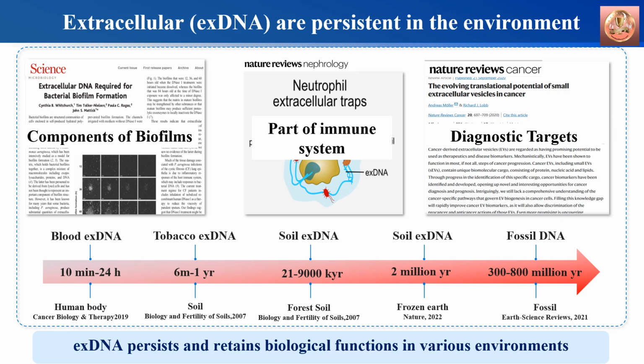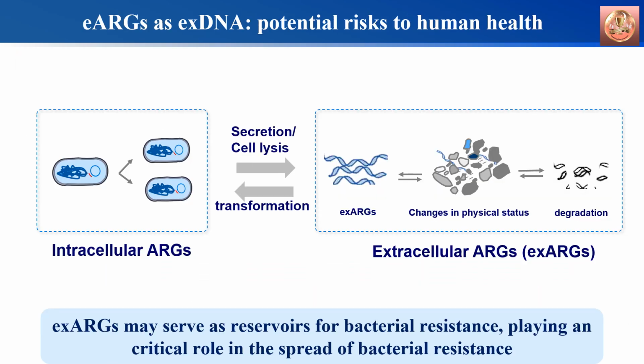For example, extracellular DNA in blood can last for 10 minutes to 24 hours, while fossil DNA can persist for 300 to 800 million years. So they persist in the environment and retain biological functions in various environments.